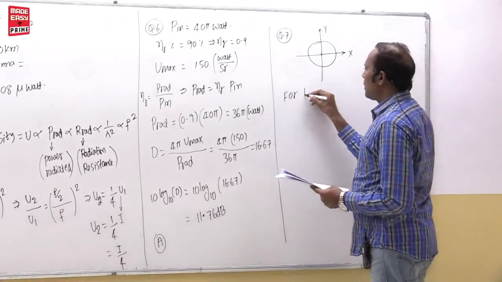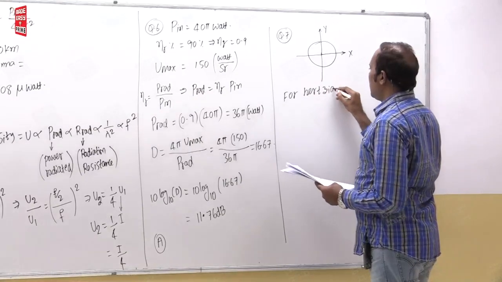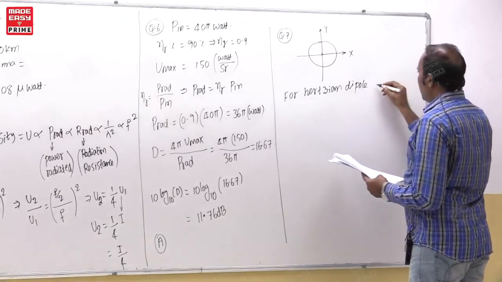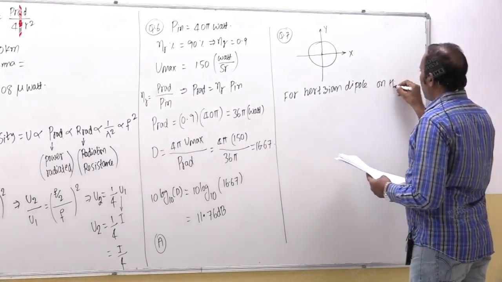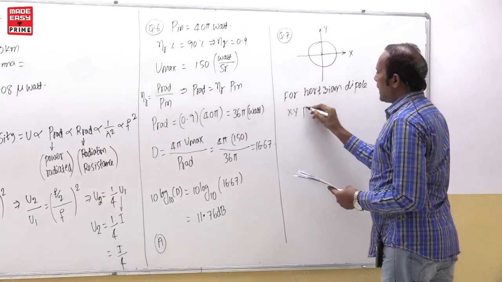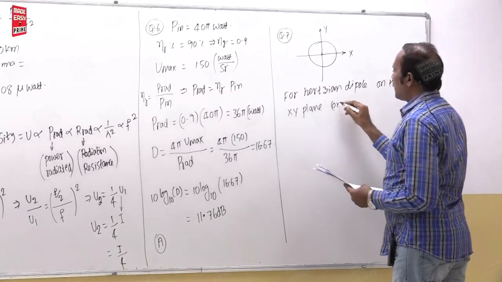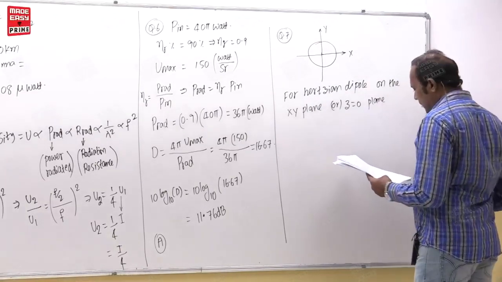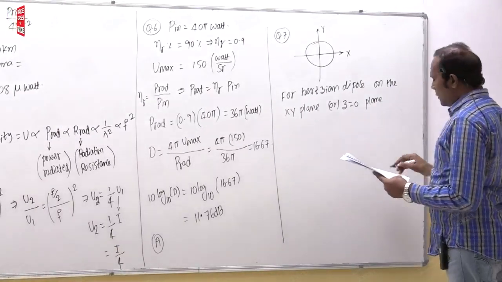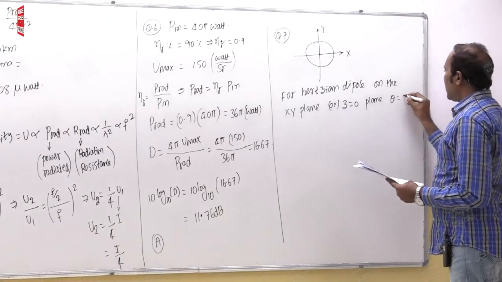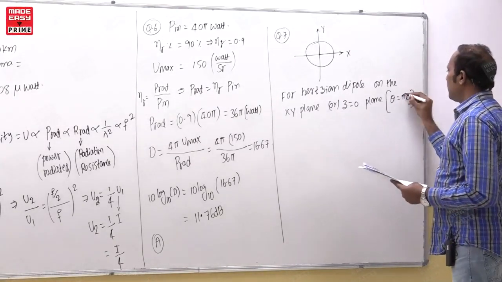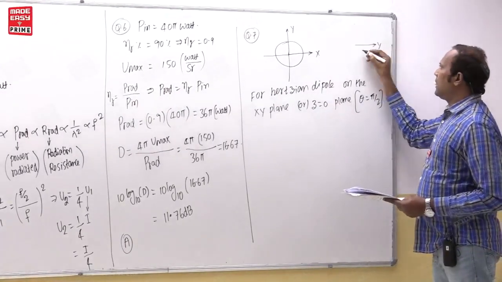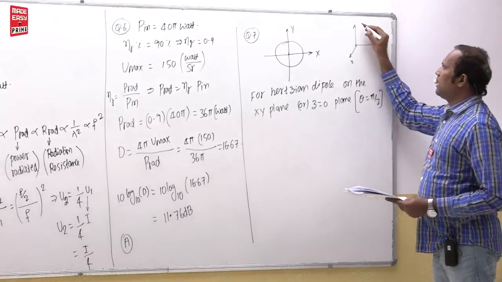So for the Hertzian dipole on the XY plane, or otherwise the Z equal to 0 plane, I was telling you that theta is equal to pi by 2 we have taken. If you see the 3D picture, this is the y axis, this is the x axis, this is z.